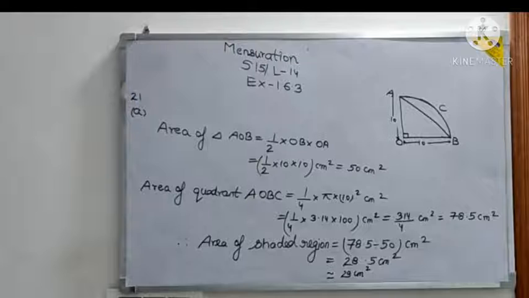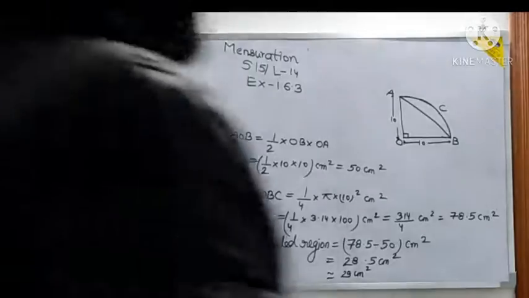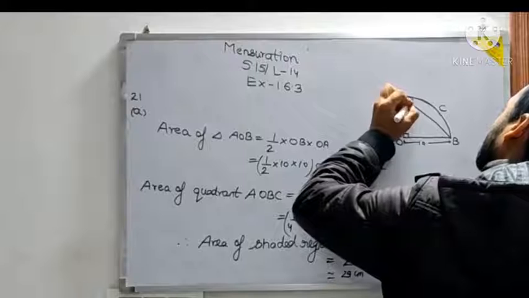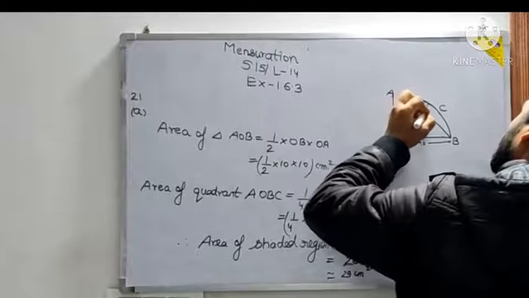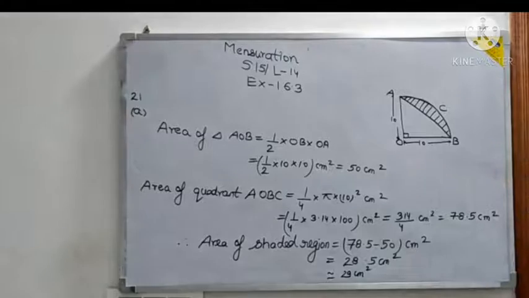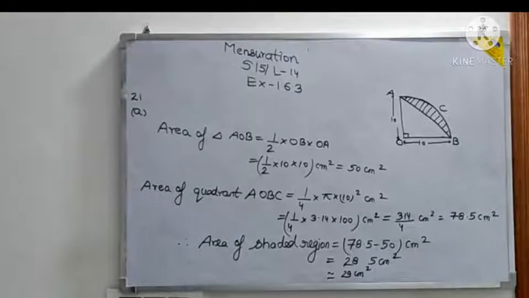So what have we done in this question is that there is a quadrant. See here, I am not showing the shaded portion. What is the shaded portion? This is the shaded portion. Basically the whole of the figure is a quadrant, and from that quadrant we are taking out a right angle triangle.